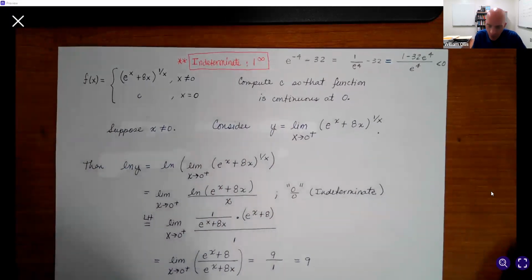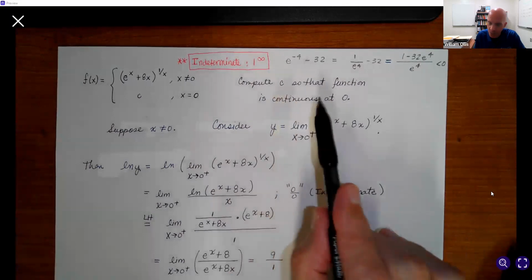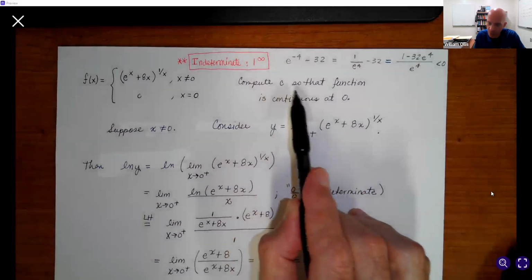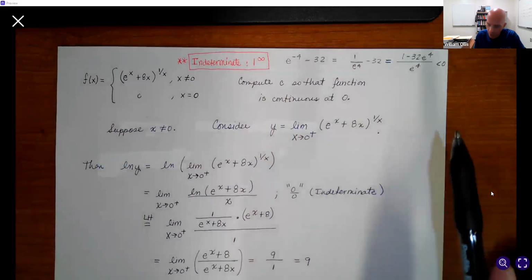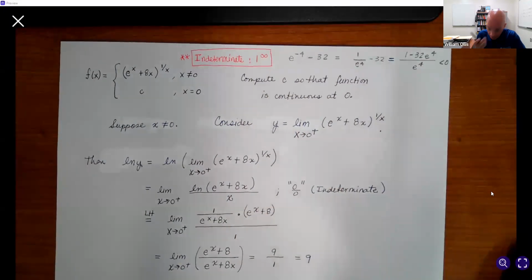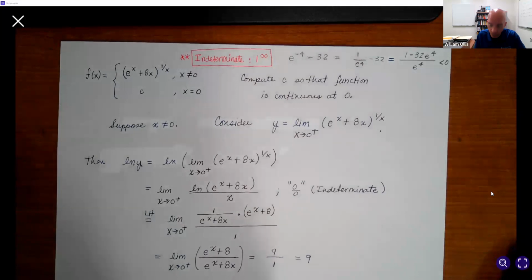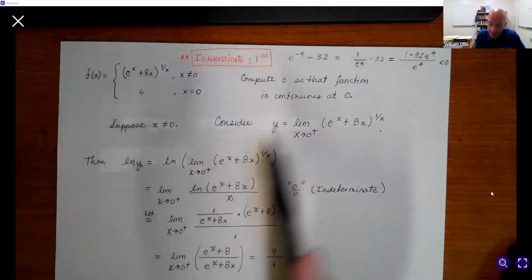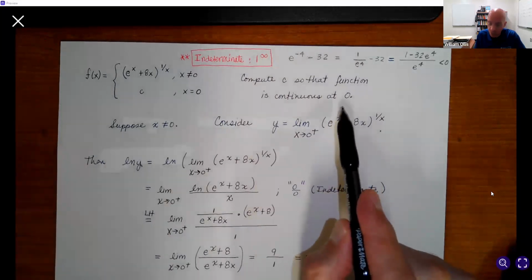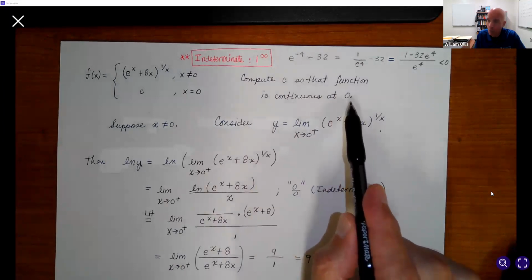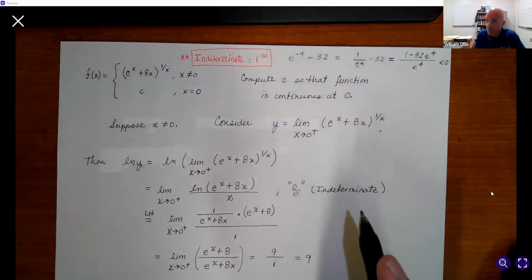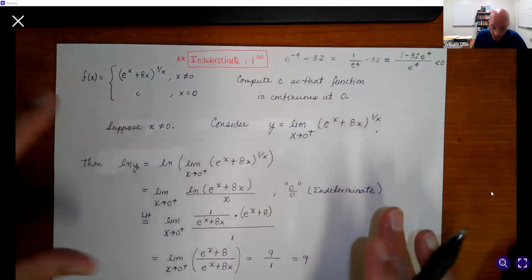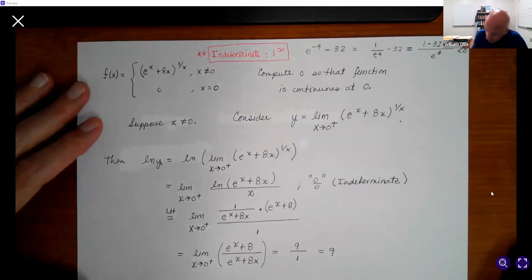Now, the problem is phrased this way from your homework. It says compute C so that the function is continuous at C. So what we would need, and what's important here, is that when we take the limit as, in this case, x approaches 0 from the right, we would want to be able to get what? C. I mean, by continuity, let's just write that down.